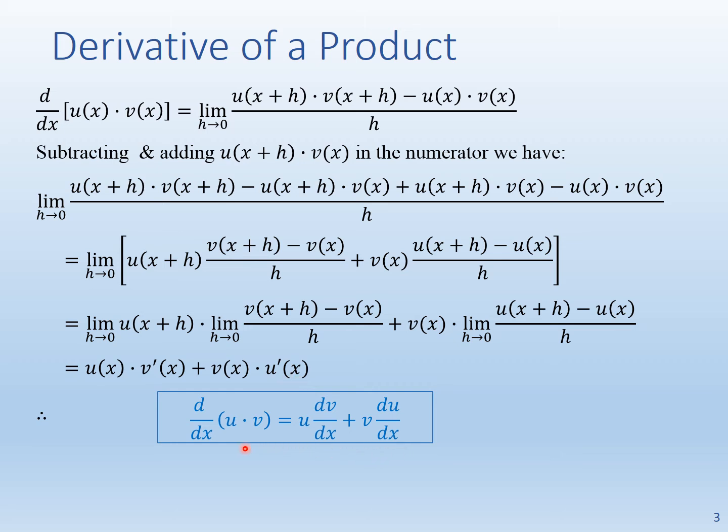We can write it either as written there in the box, or as in the line above it. That's the product rule. Product rule because we're multiplying two functions, and we get the first function times the derivative of the second plus the second function times the derivative of the first.